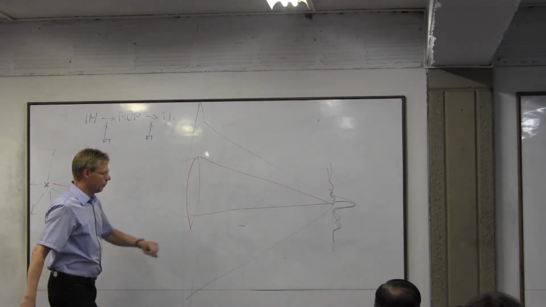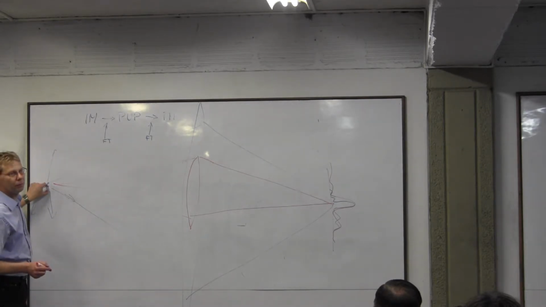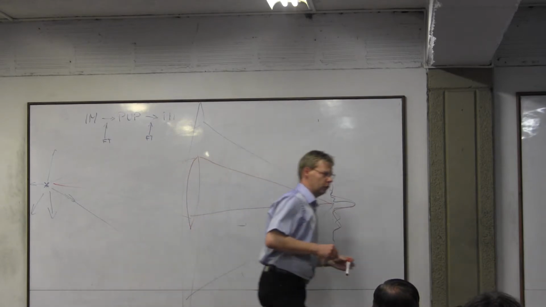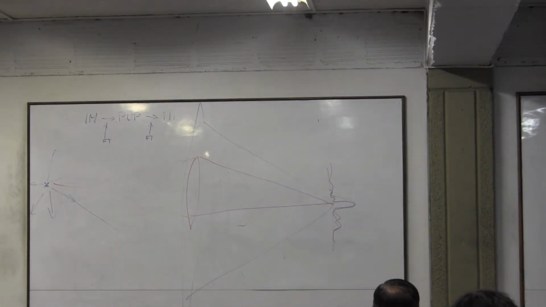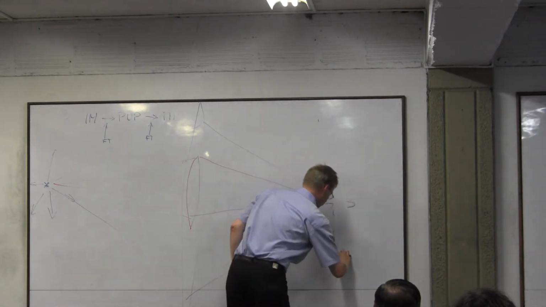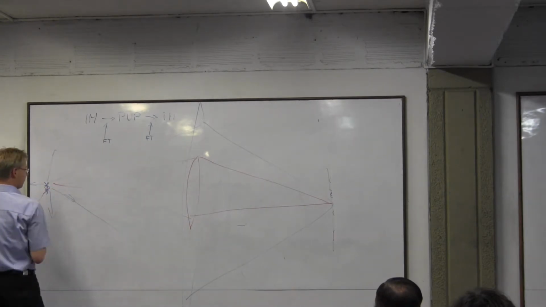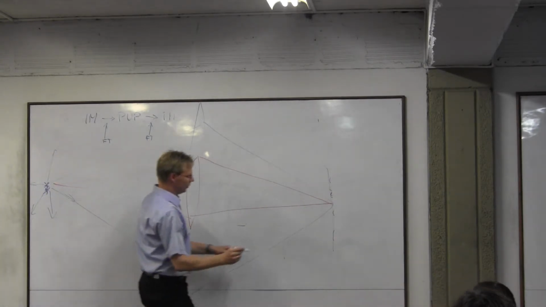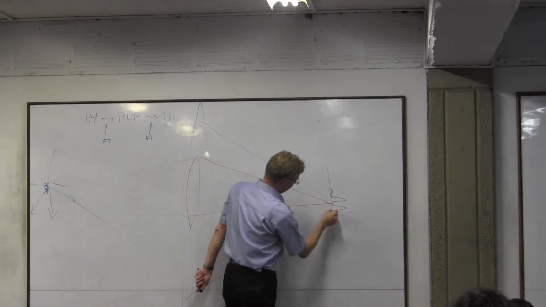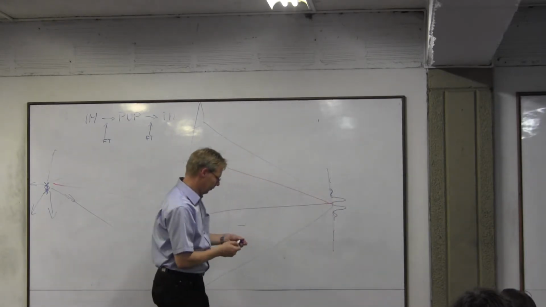Or, in other words, if you wouldn't image a single star, but if you would image two of them, in the case where you have the big telescope, that's a small little star. Let's say we have a double star here. So in the case of the big telescope, we had one image here and the other one here. So we would still see a double star with two peaks.